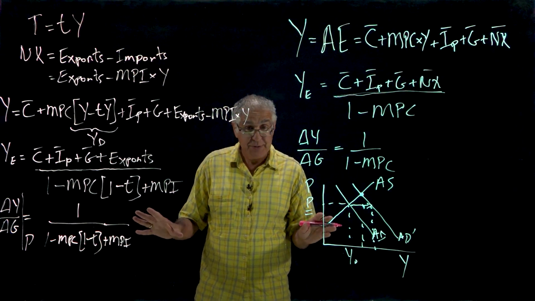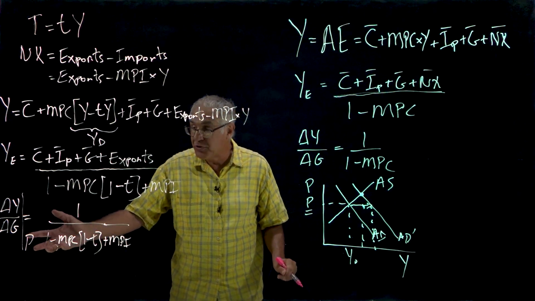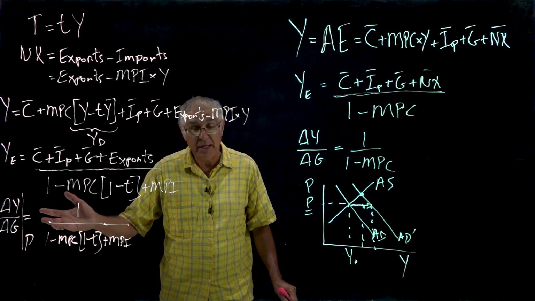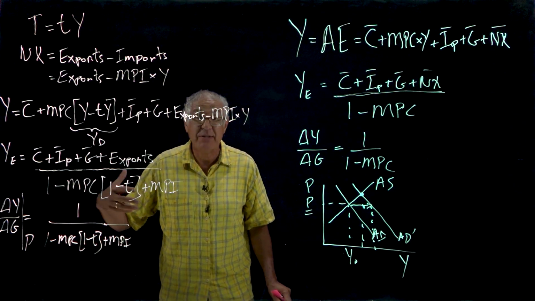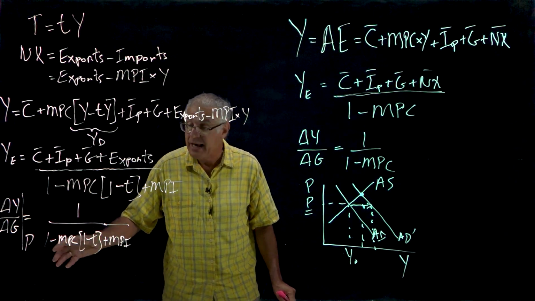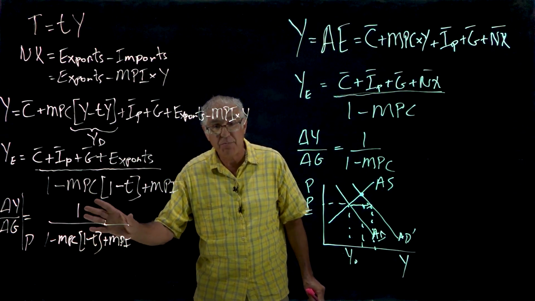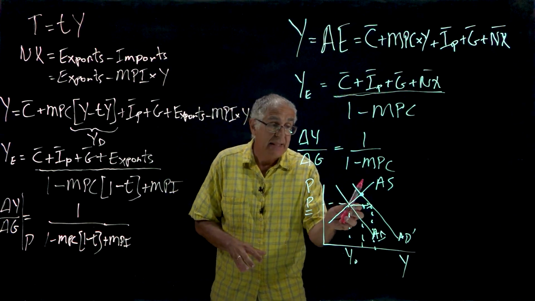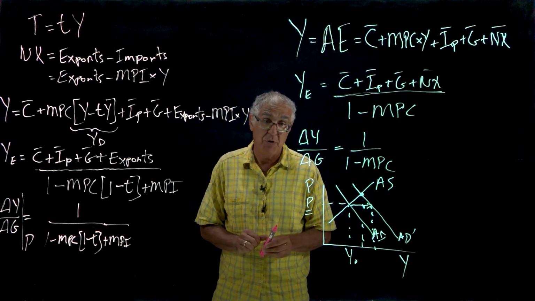In both cases, the actual change in the equilibrium level of income that comes about because of expansionary fiscal policy is going to be less than predicted by the multiplier because the aggregate supply curve is upward sloping.